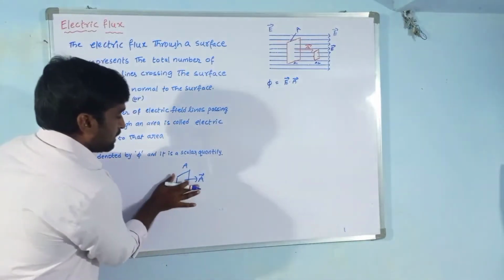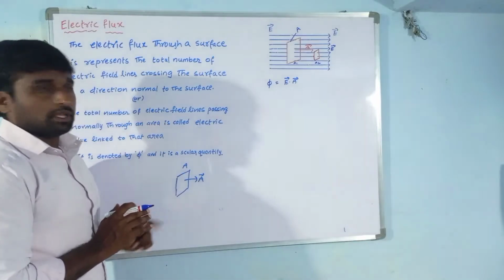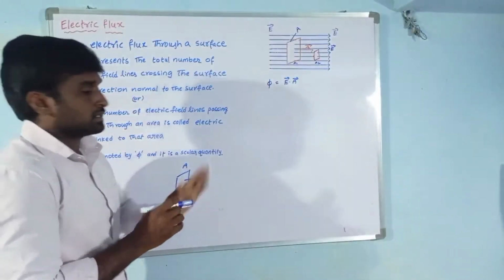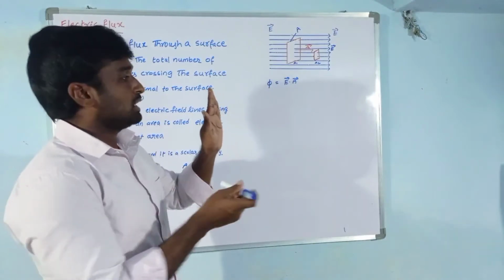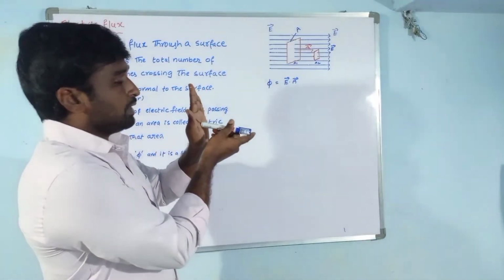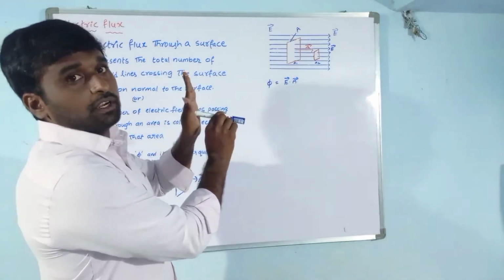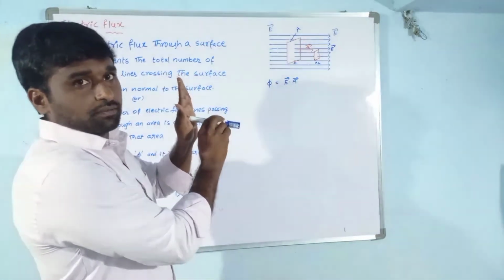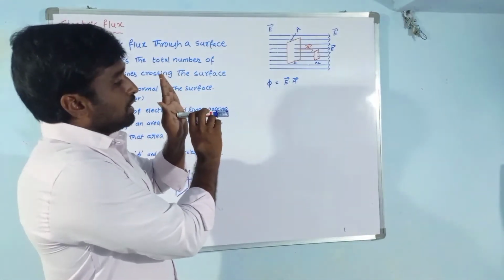This is an area vector which is perpendicular to the area surface. Suppose we take this as a plane surface area, this is the direction of the area vector, perpendicular to the area surface.